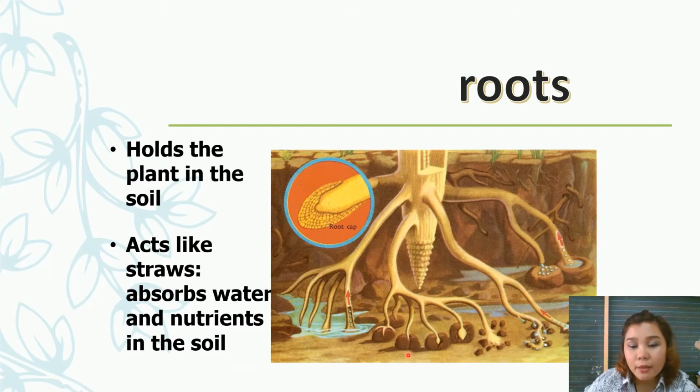And then, this white part, yan, may sinisipsip papunta sa taas. And then, para ang water and then nutrients will be absorbed by the plant. So, aside from water, yung nutrients din, that is from the soil. Kaya kung ang soil is healthy, yung tinatawag na mataba, so the plants will also become healthy.